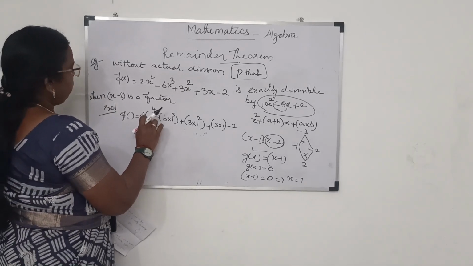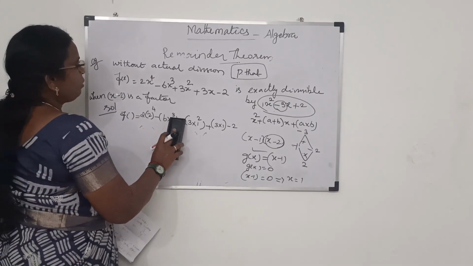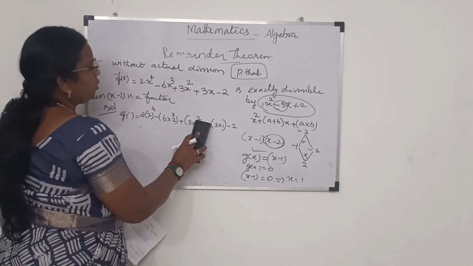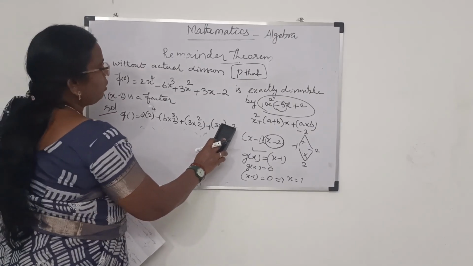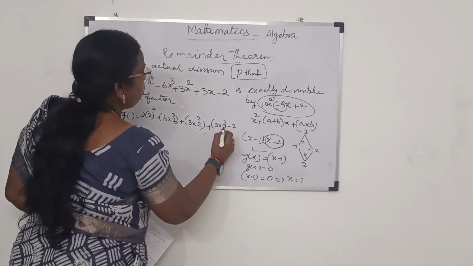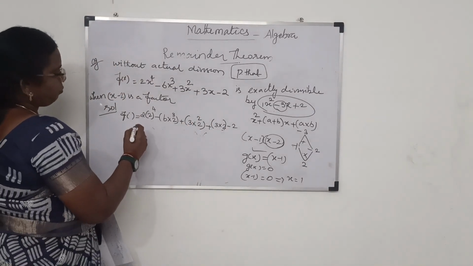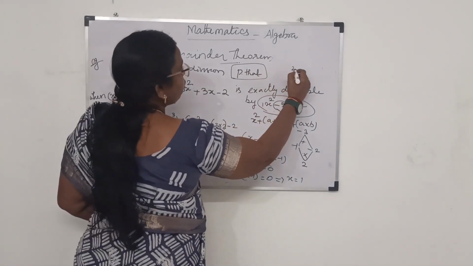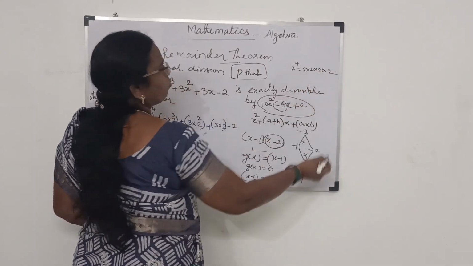So 2 into 2 to the power 4, minus 6 into 2 cube, plus 3 into 2 square, plus 3 into 2, minus 2. Whenever x occurs, we have to substitute the value 2. That is, 2 to the power 4 is 2 into 2 into 2 into 2.